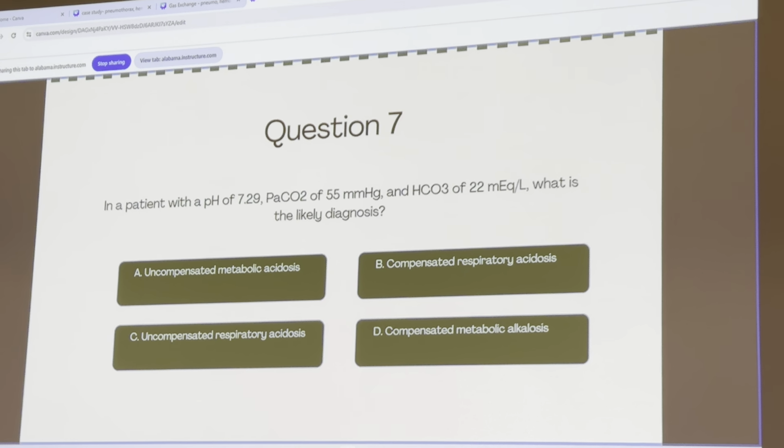Now, do I have respiratory acidosis on here? I do, but I have compensated versus uncompensated. Now, has my bicarb changed at all to compensate or to buffer for that low pH? No, it has not risen at all. It's not above 26. So if it's in normal range, then my body is not compensating whatsoever. So C right there, uncompensated respiratory acidosis.